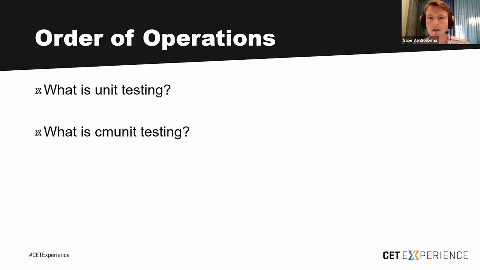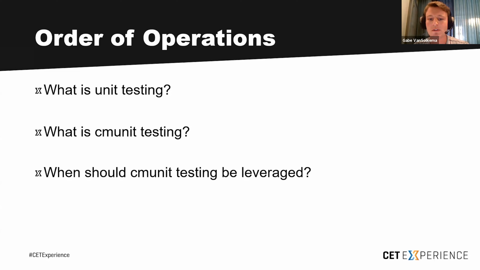And then I'm going to talk about what CM unit testing is, and what's different about it relative to how unit testing works elsewhere. When should CM unit testing be leveraged? So when is this something that you might want to take advantage of? And then obviously, how do you use it? How can I actually implement CM unit testing in my code?